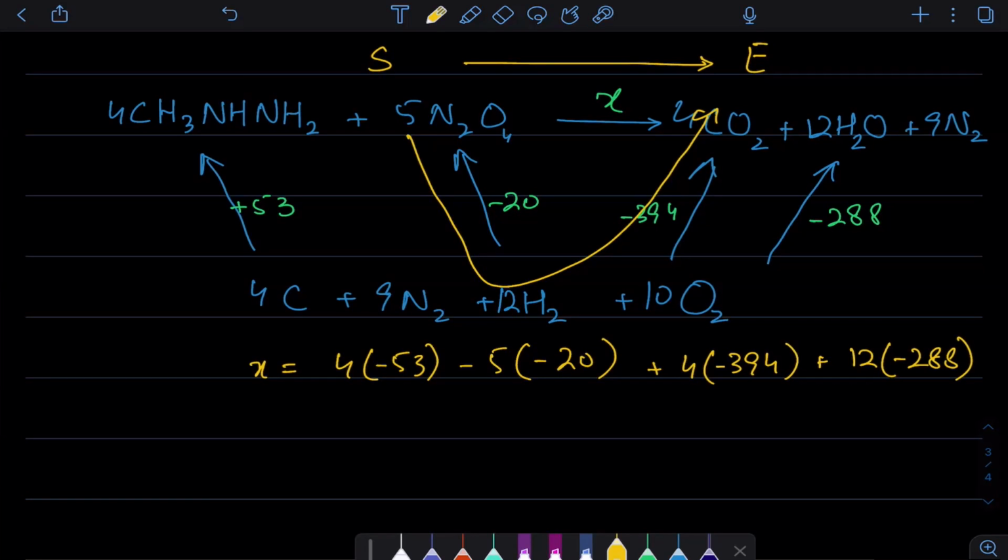Sir, 394 से पहले आपने प्लस क्यों किए? देखो जो चीज अगर आपका पाथ और एरो दोनों एक डायरेक्शन में, so it's plus.